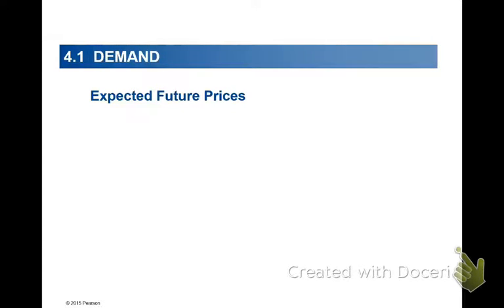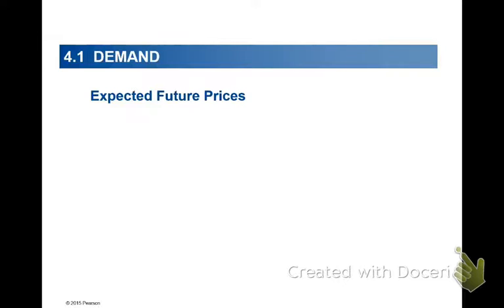So I expect the price of, let's say, rice to go up in the future. So what do I do today? We would argue that if I expect the price of rice to go up in the future, and I like rice a lot, I have to buy rice, so I'm going to buy more rice today.